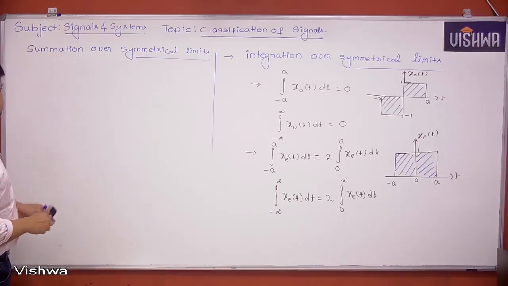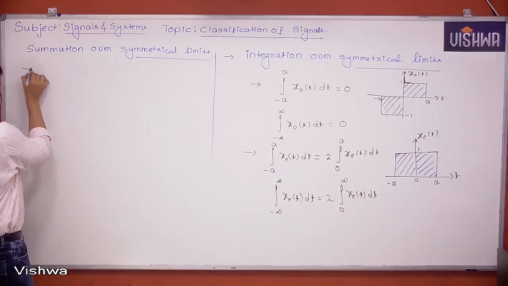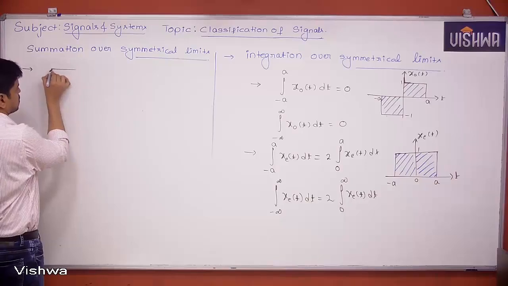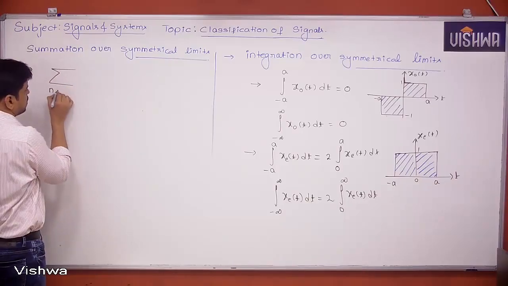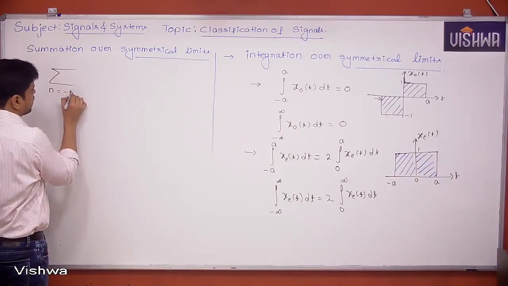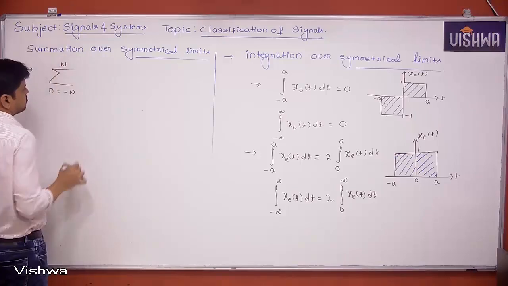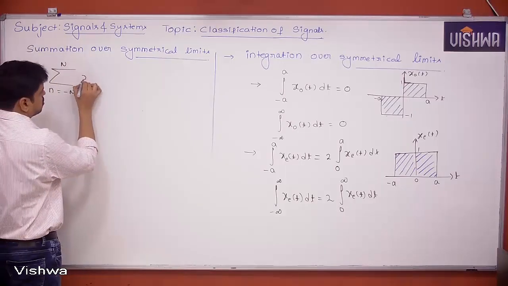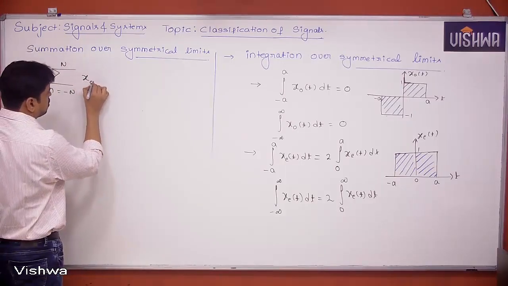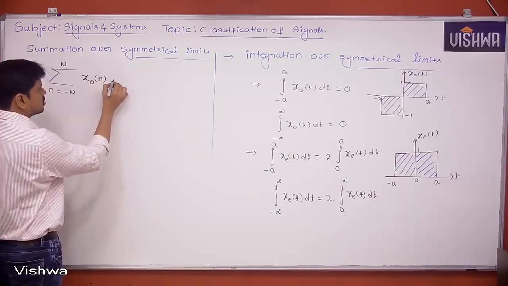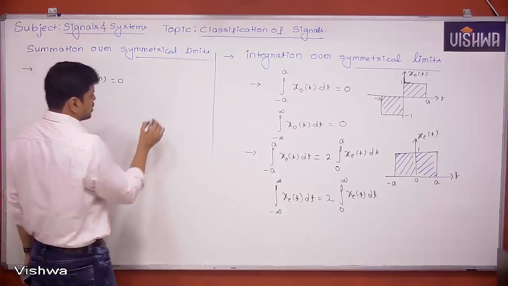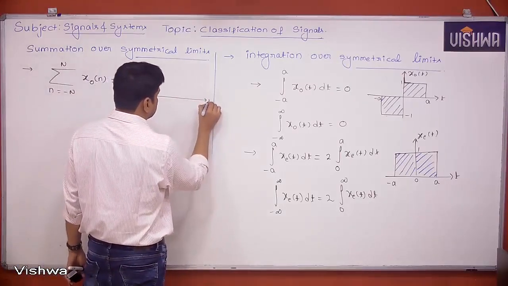Let's say summation n is equal to minus N to capital N. If you take the odd part, then it is 0. How, sir? Simply, let's take one odd signal.